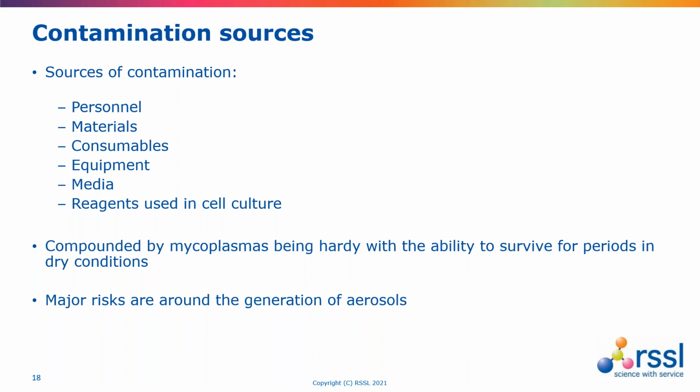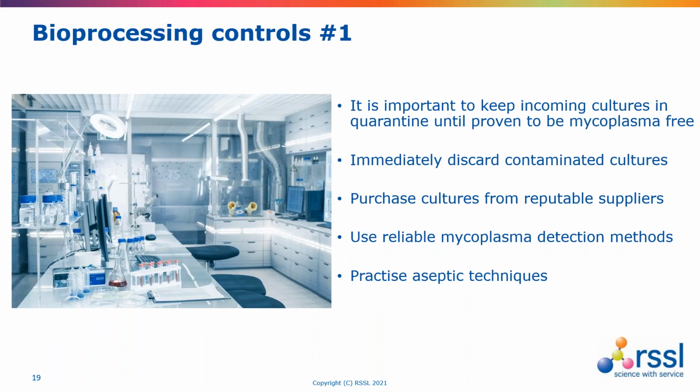All of this helps to emphasize the importance of trying to minimize contamination, and particularly practicing good aseptic techniques and controlling any source that might lead to aerosol generation. We also need reliable detection methods and to test cell cultures on a regular basis. This can help to limit the impact that contaminants might have on the facility. And we'll look at some of the detection methods a little bit later.